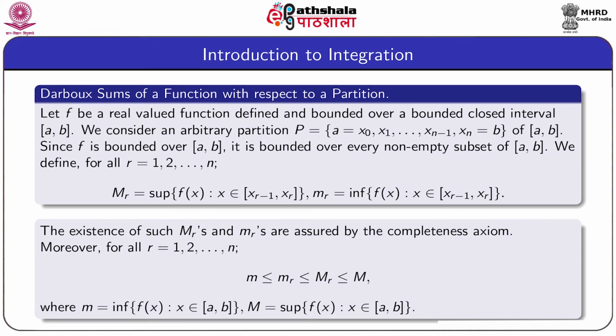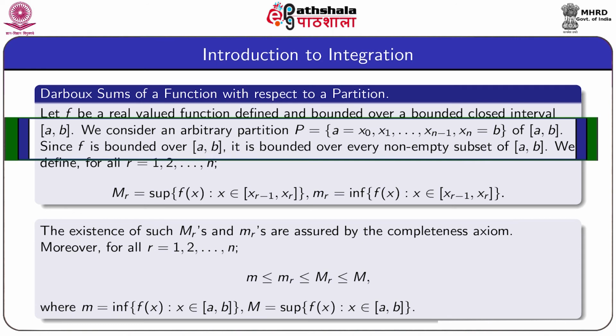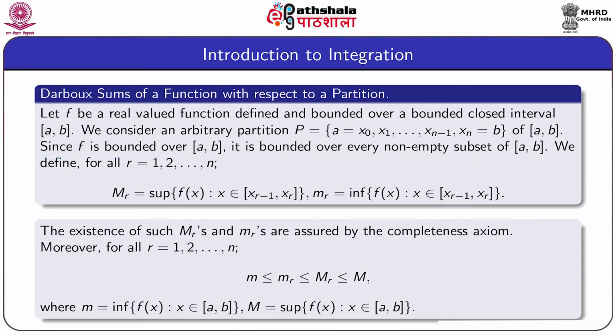Now we discuss Darboux sums of a function with respect to a partition. Let small f be a real valued function defined and bounded over a bounded closed interval [a, b]. We consider an arbitrary partition P equal to {a equal to x0, x1, up to xn minus 1, xn equal to b} of [a, b]. Since f is bounded over [a, b], it is bounded over every non-empty subset of [a, b], so it is bounded over every such subinterval.